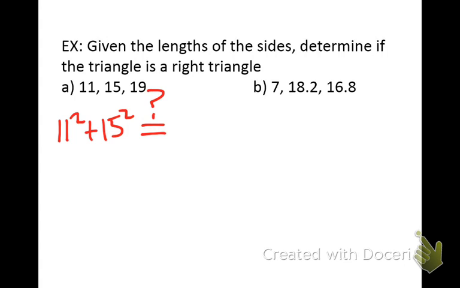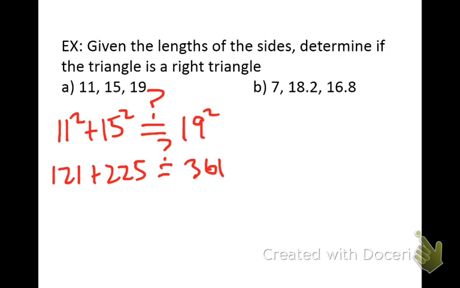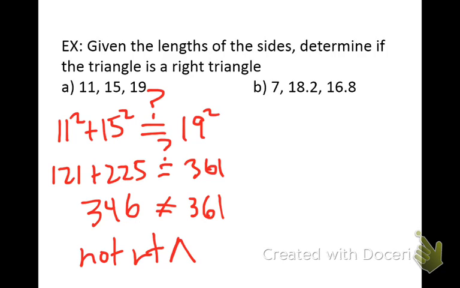So put a question mark above your equal sign. That shows that we're trying to show if that's true. We square them out, so it would be 121 plus 225. Is that equal to 361? We add those together, it's 346. That does not equal 361, so that is not a right triangle.